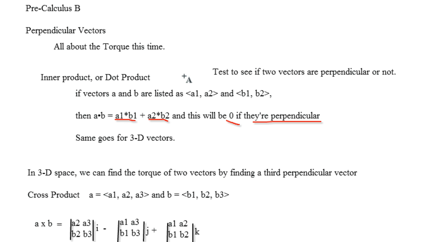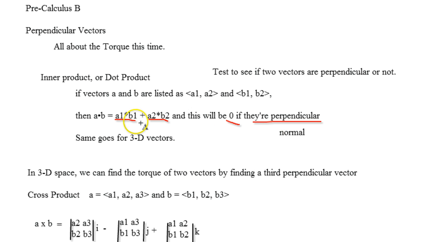Another thing is they call it normal. When you look at this, you're asking, are these vectors normal? It's not normal as in normal height or weight. Normal just means perpendicular or not. So when you're using the dot product, you're just testing to see if two vectors are perpendicular.